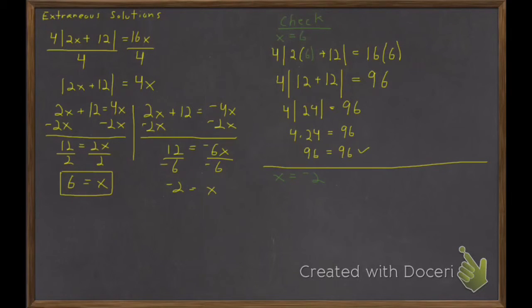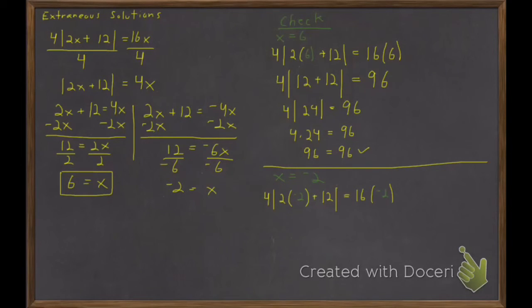Again, using the original equation, 4 times the absolute value of 2 times negative 2 plus 12 equals 16 times negative 2.